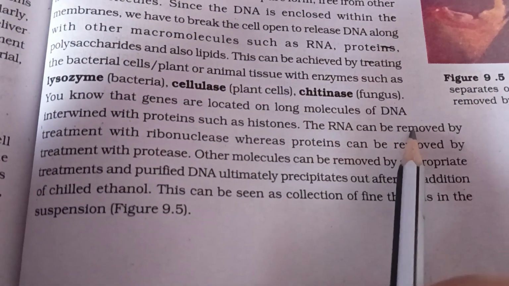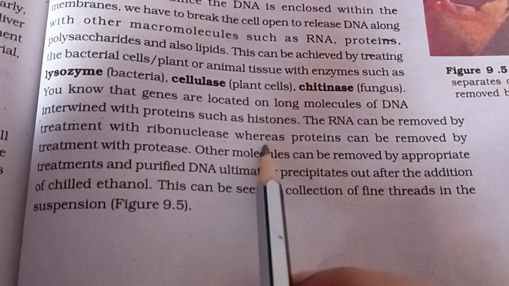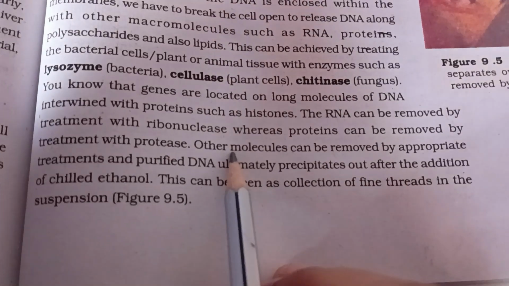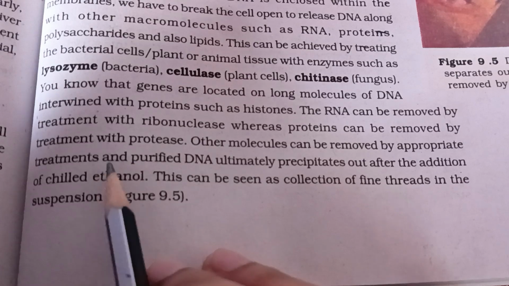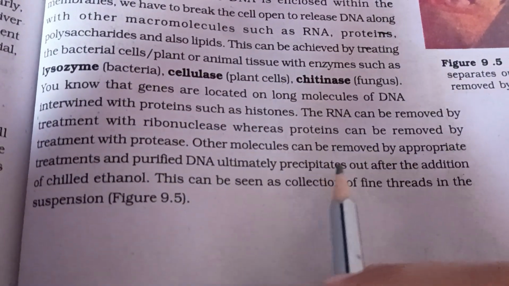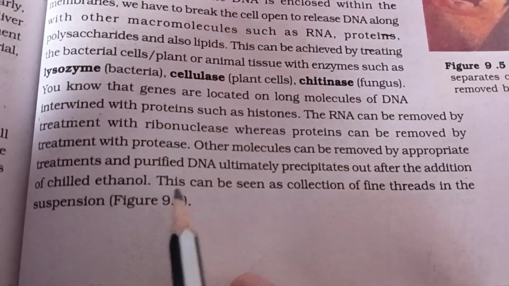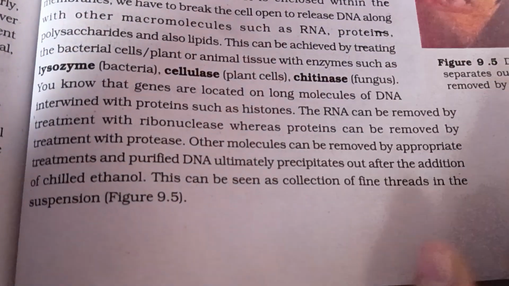So the RNA can be removed by treatment with ribonuclease, whereas proteins can be removed by treatment with protease. Other molecules can be removed by appropriate treatments, and purified DNA ultimately precipitates out after the addition of chilled ethanol. This can be seen as collection of fine threads in suspension.